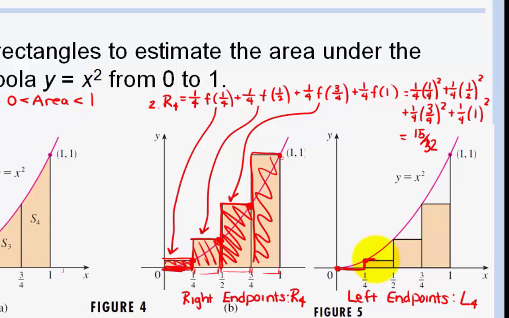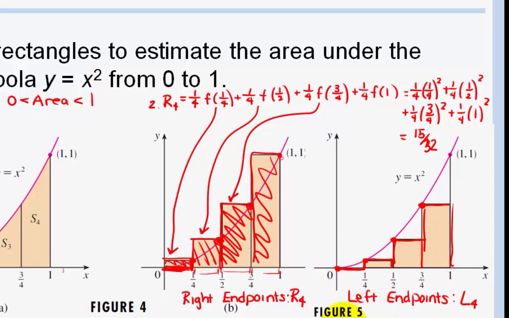So just go over to the next endpoint, and my delta is 1/4 here. I'm just choosing to make 4 of them. So 1 divided by 4 is 1/4. That's how I know the width of each of them should be 1/4. Okay, and then my next point is here, so I just go straight over. Then my next one's here, and I just go straight over. All right, there are my 4 rectangles. The first one's nonexistent, but I still have 4 rectangles.